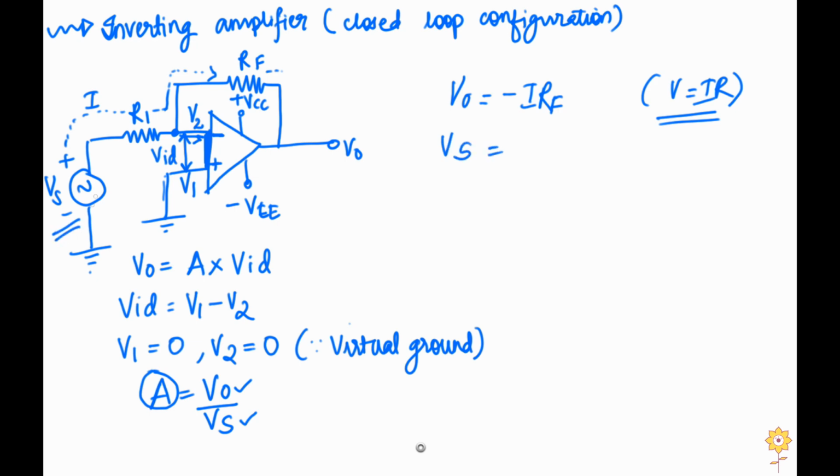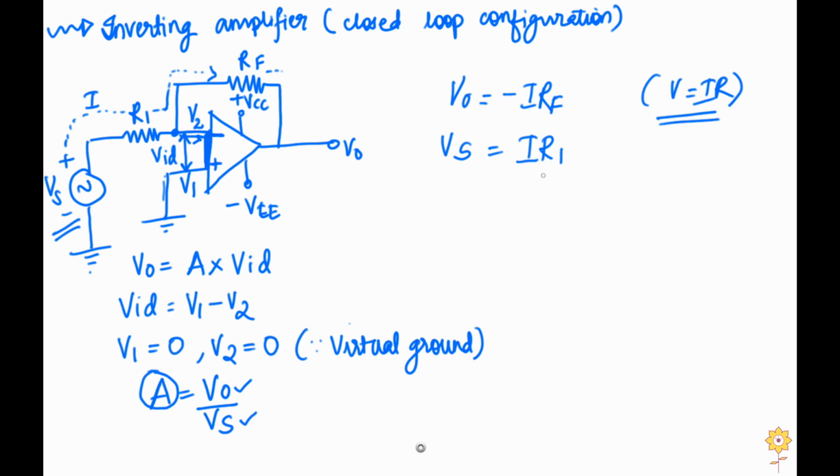Similarly, we will find out what Vs is equal to. So Vs is over here and it is present across this resistor R1, and the current flowing through R1 is I. So Vs is equal to I into R1. Now, the direction of current is not opposite, hence no minus sign exists here.